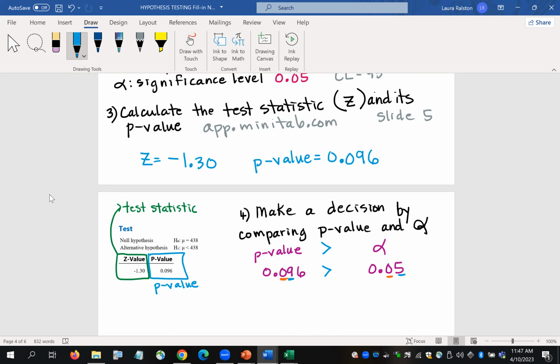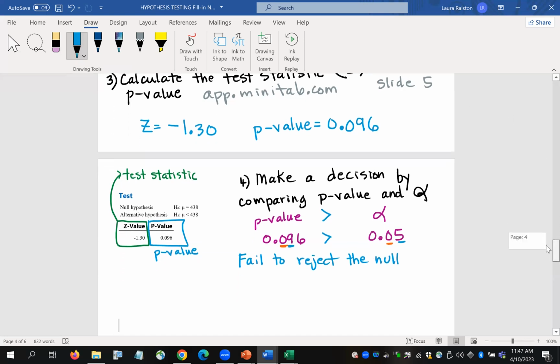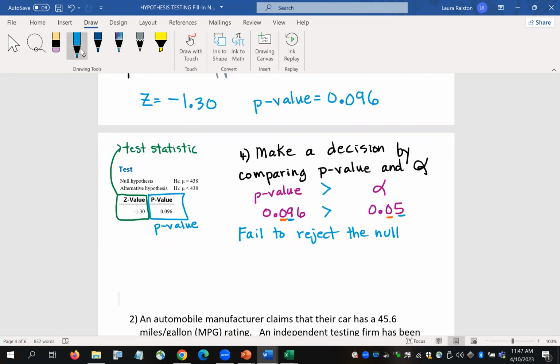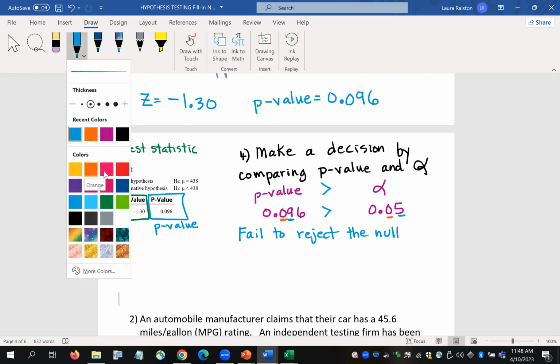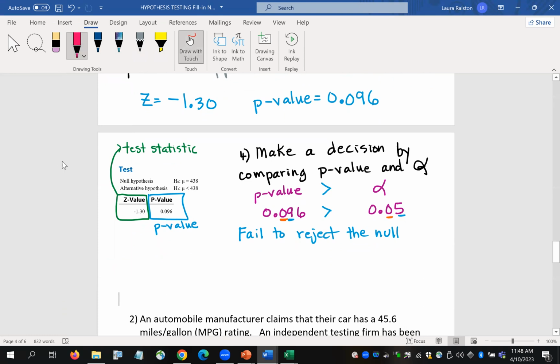If p is greater than alpha, we fail to reject the null. If we fail to reject the null, just again to help you remember, that means that the null is true.